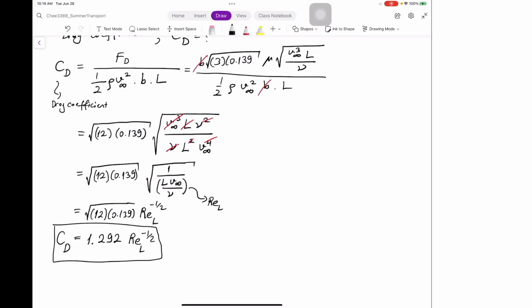Isn't that cool? That now you can estimate the drag coefficient if you know the flow conditions. If you know, for example, that the air is flowing around an object, like around your car, and if you know the speed of your car and the air outside is stagnant, you can calculate the Reynolds number of the flow around your car with respect to your car.